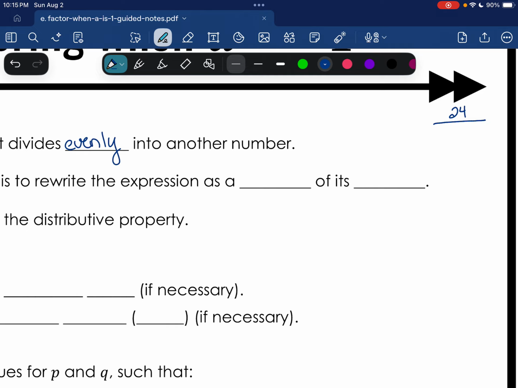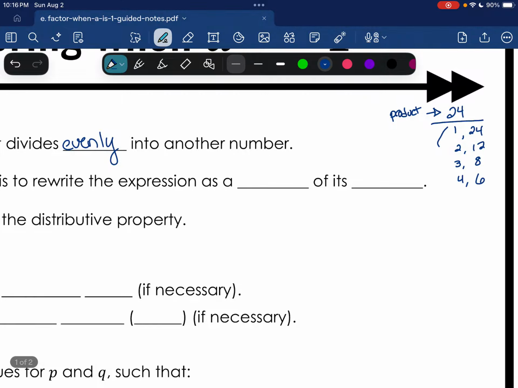Like 1, 24, those multiply together to get you 24. 2 and 12, 3 and 8, 4 and 6, right? So this would be the product, for the answer to the multiplication problem, and these guys here are the factors.